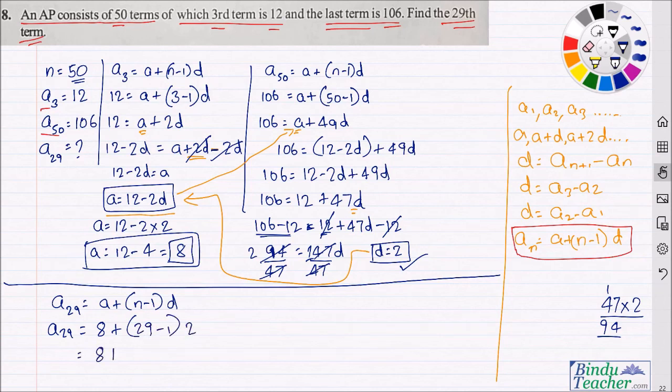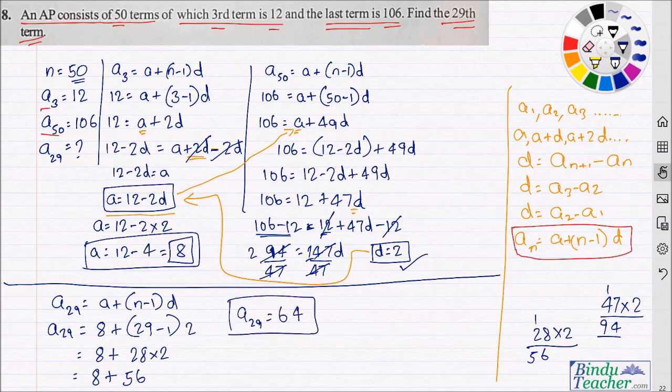Equals 8 plus 28 into 2. 28 into 2 is 8 into 2, 16, plus 2 into 2, 4, plus 1, 5, we have 56. Okay, so 56 plus 8, we get A of 29 equals 64. So the value of the 29th term in this arithmetic progression is 64.